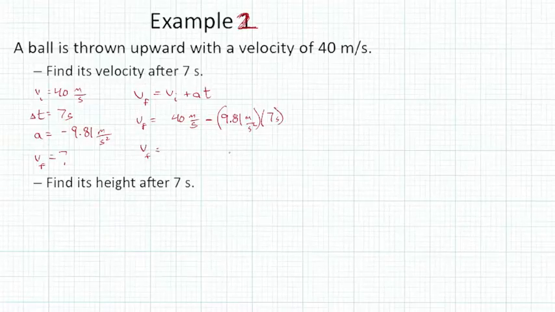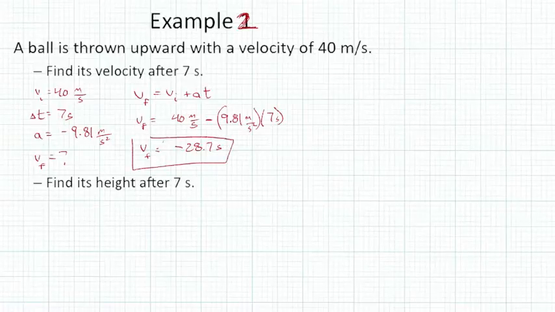That gives us a final velocity after 7 seconds of negative 28.7 meters per second. I'm going crazy here. Let's see if I can just erase that. There we go. Meters per second.